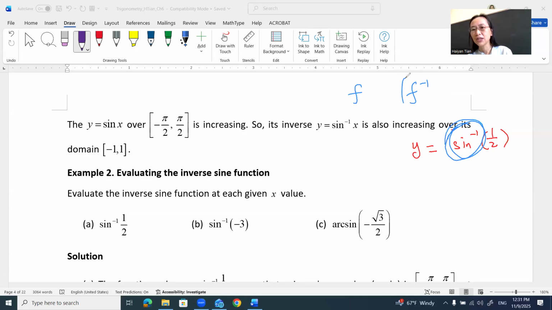That is just a name for inverse, not a power. Okay, so if we want to find sine inverse at half, what is the value? You can think how we did the sine inverse at 1.